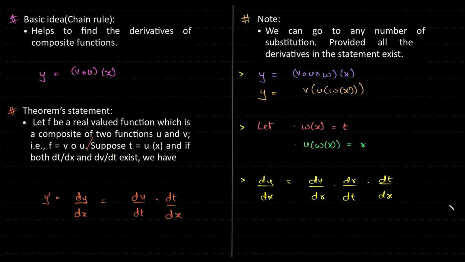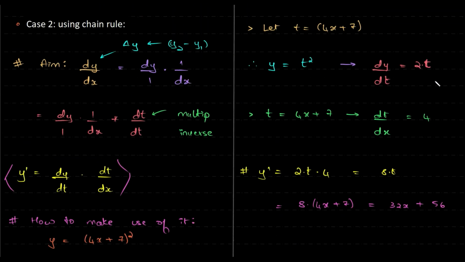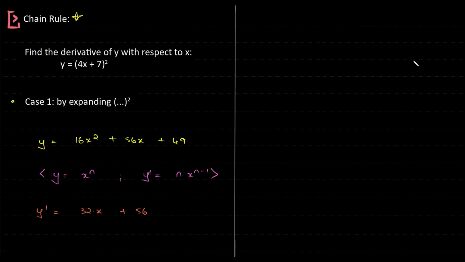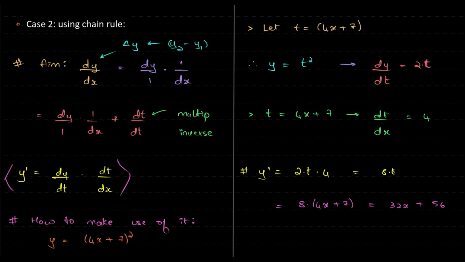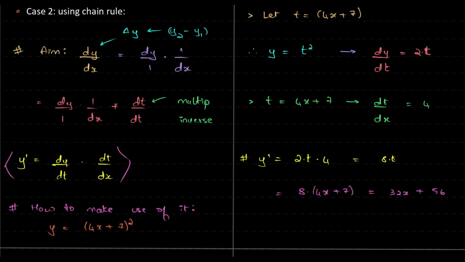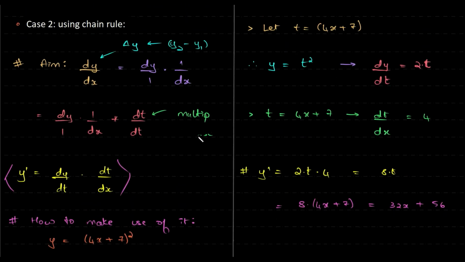So you can have any number of substitutions, and of course we need to understand which operation will come first, and composition has to be understood properly. So we have done composition of functions, so I hope you guys have a good grip on it. We're going to do a lot of problems, don't worry. So for now, copy everything, don't miss anything. This is not multiplicative inverse, this is multiplicative identity.